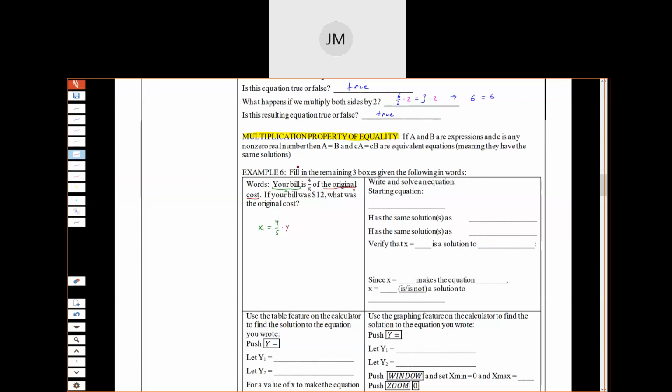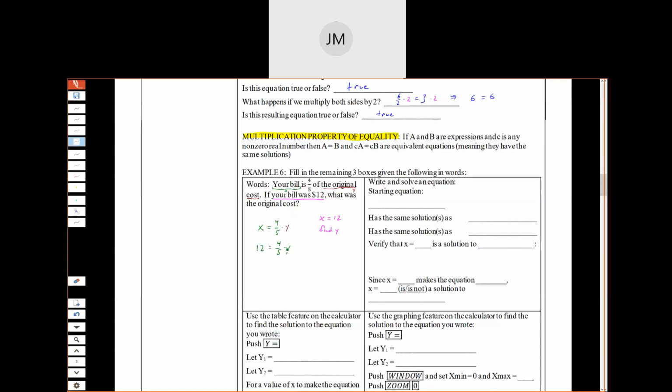Then the next sentence says, if your bill was $12, that's saying that my bill, which is x, is equal to 12. And what is the original cost? So find y. Then I say, all right, I'm going to replace the x with a 12.